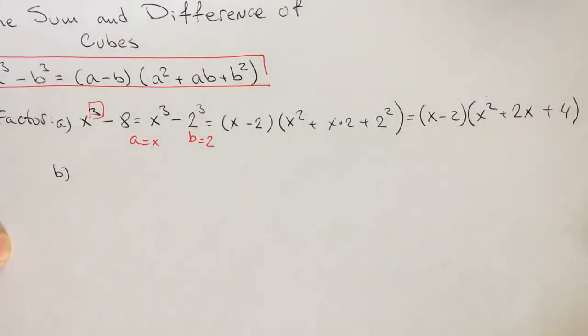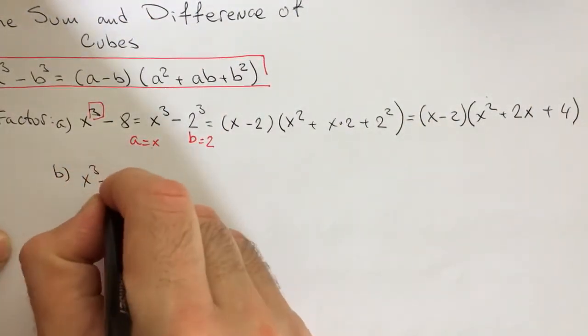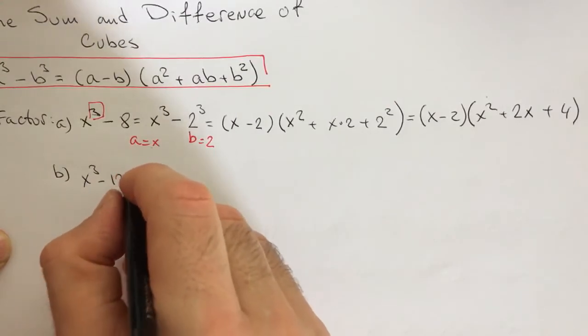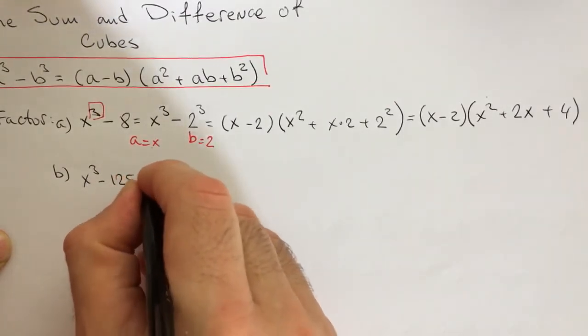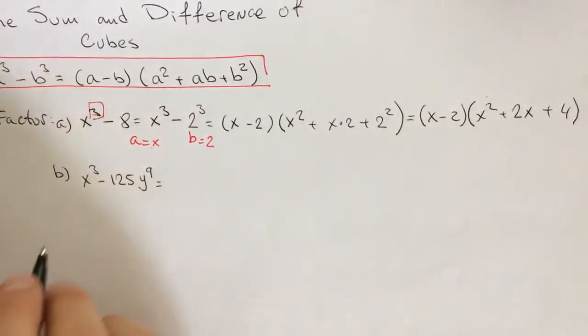Let's do another example. Let's say x cubed minus 125 y to the power of 9. This is a slightly more demanding problem. Again, the question is, how can I observe this as a difference of cubes?